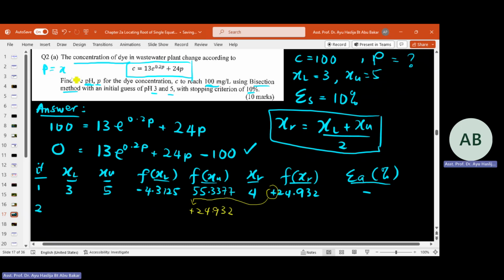It replaced under FXU. So the 4, the XR, belongs to XU. XL remain, FXL remain. Then find out your new XR and FXR. Okay, try to do it. Let's see what you get.